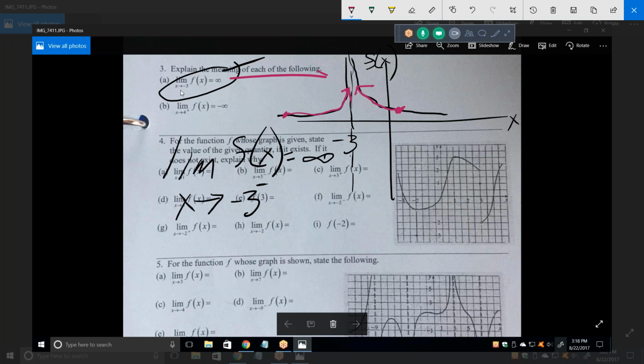So that would be a situation like that. And your answer probably should be there's a vertical asymptote at -3. But you could also draw a little picture like this to illustrate.